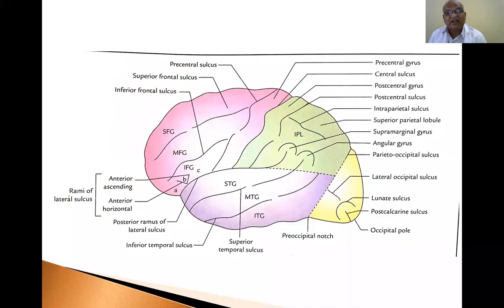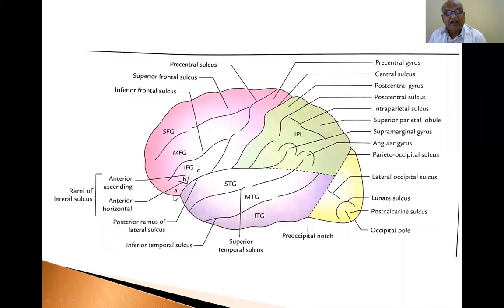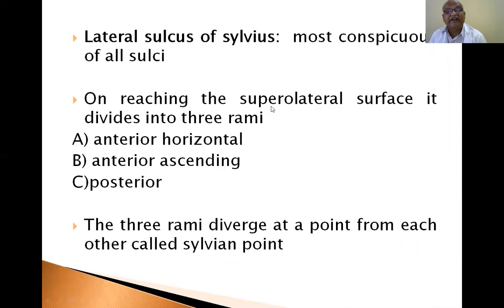So what are the important sulci and gyri present in each lobe? You have to know it in the cerebral hemisphere class. Now, the lateral sulcus of Sylvius is the most conspicuous of all sulci.